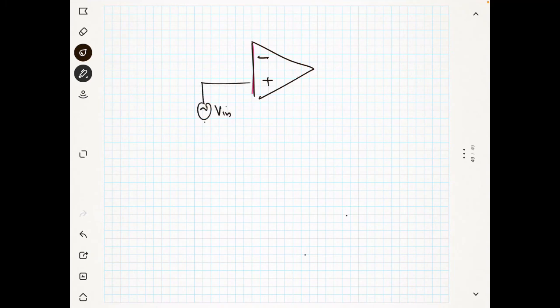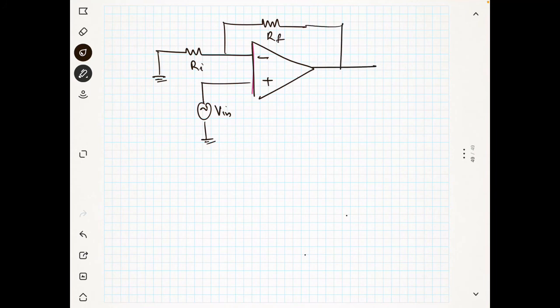So we will be using this circuit: minus, plus, this is my V in, and this is Ri, and this is Rf, and this is V out.